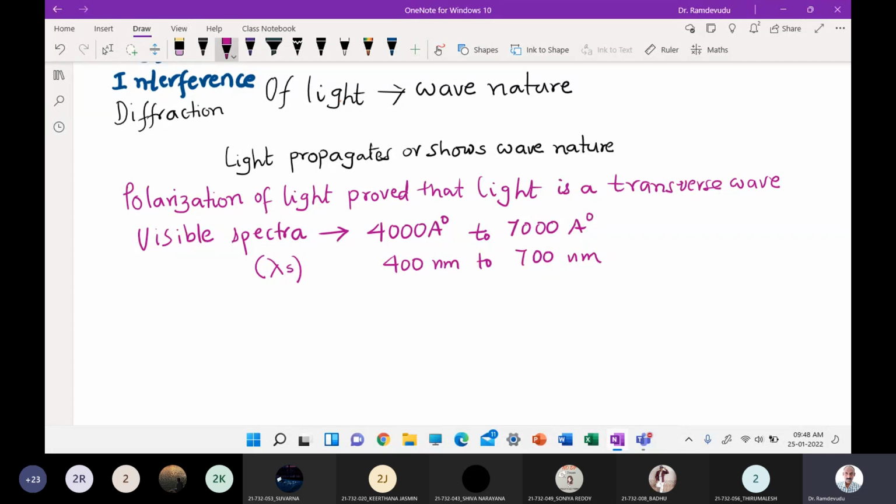We will say that visible light is a small part of the large electromagnetic spectrum, where all these electromagnetic waves are used for different applications.